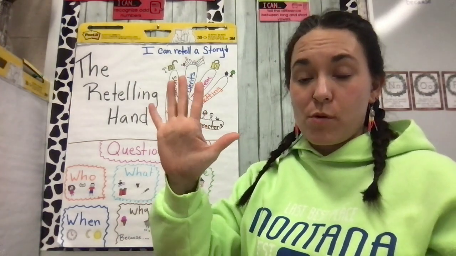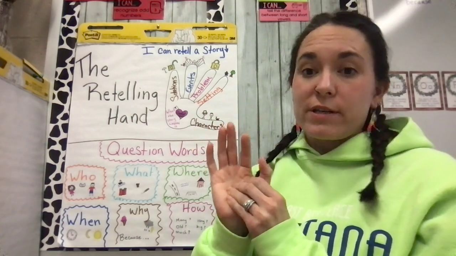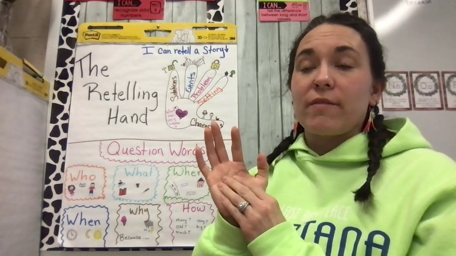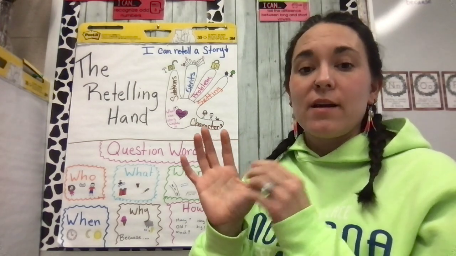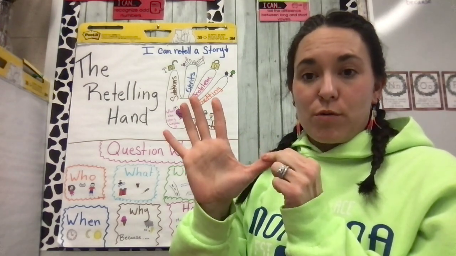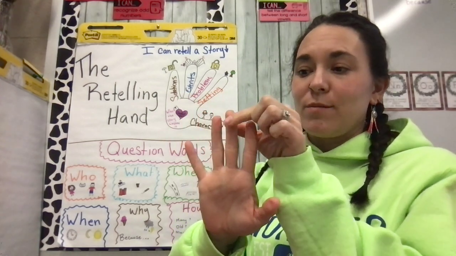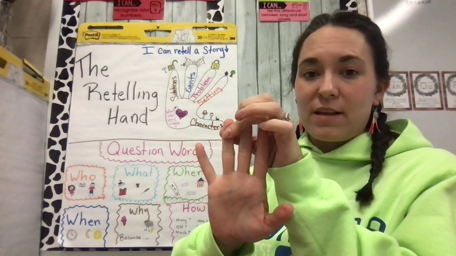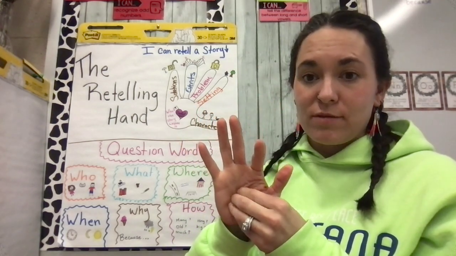So those are your 5 story parts for this. And then some stories like fables and folktales will also have a central message, what that story is trying to teach you, a lesson. So you can go through them with me. Characters, setting, problems, events, solutions, and sometimes a central message.